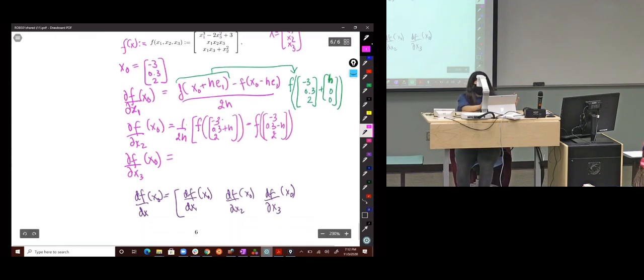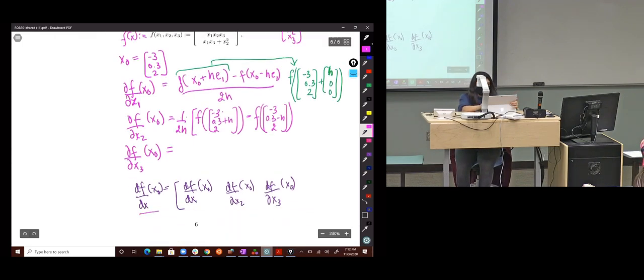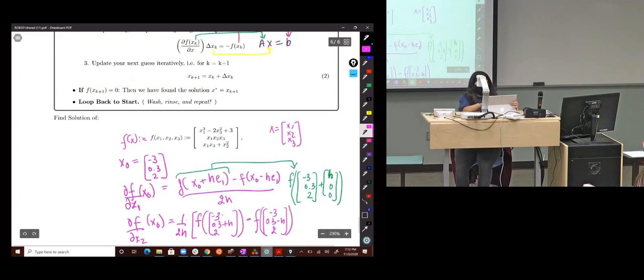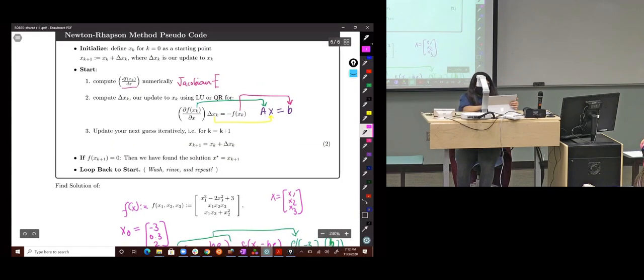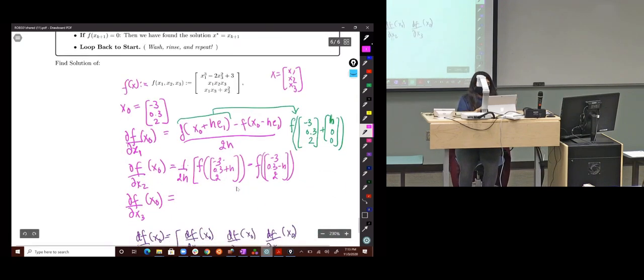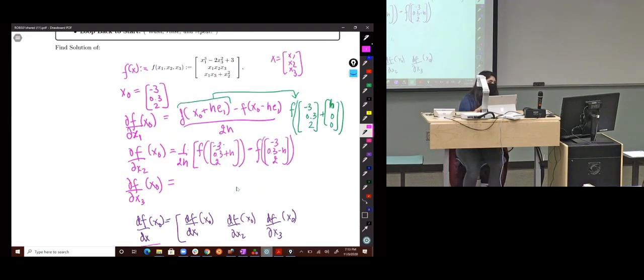Once we understand how to get the Jacobian, we have this term, and we also know f of x. We can find out delta x. So let's try and code this thing up, because doing this by hand is going to be way too much, right?